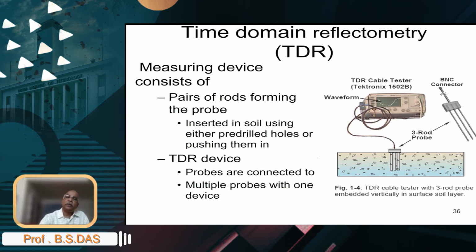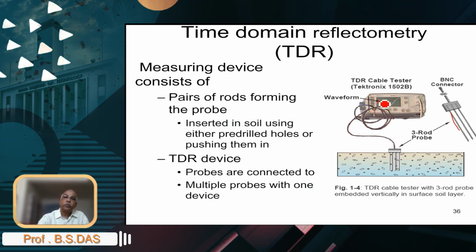So basically, you will have a probe, with stainless steel rods joined together and connected to coaxial cables connecting to the oscilloscope here, and you look at how this signal moves through the probe.